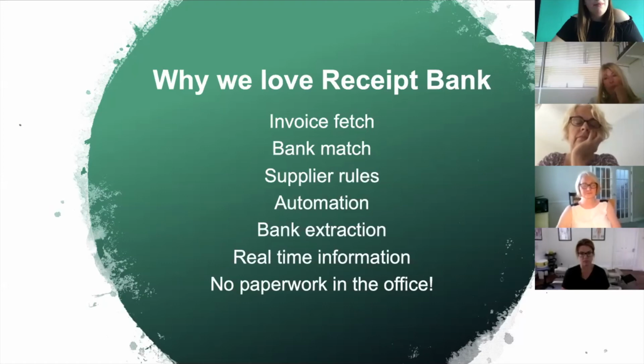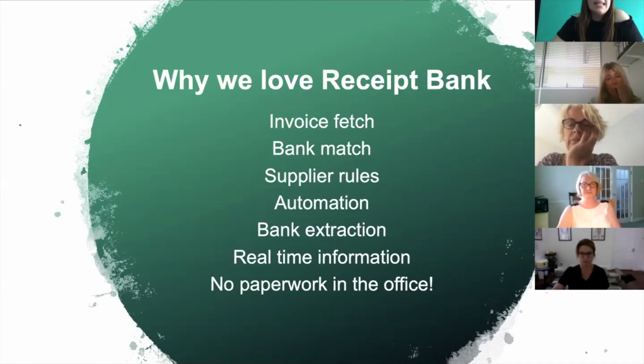And then that leads us into the automation. There is a function within Receipt Bank called Auto Publish, which we can use in conjunction with supplier rules. So if we go back to our example of Travis Perkins, we can set up a supplier rule to say, right, every single time a Travis Perkins comes into our inbox, we are going to send it to direct expenses.